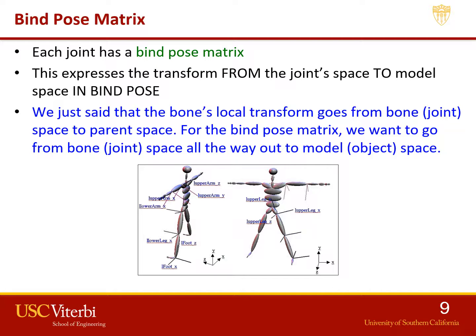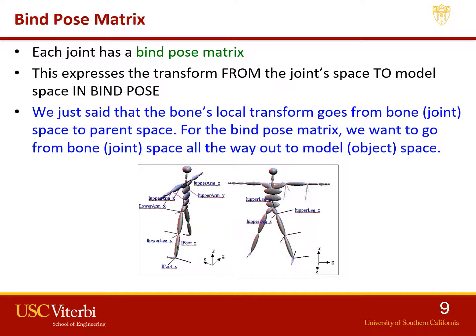Okay, so for that, and we'll cover this more in a bit, ostensibly what you need to do is take the local bind matrix of this bone and then multiply times its parent bind matrix. Then multiply times its parent, times its parent, times its parent, all the way out until you're in model space.